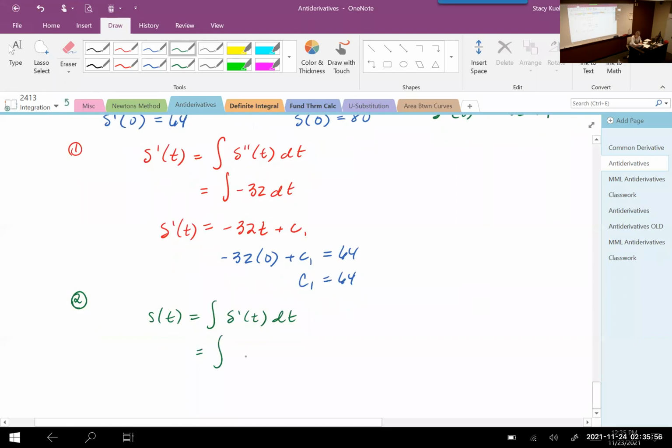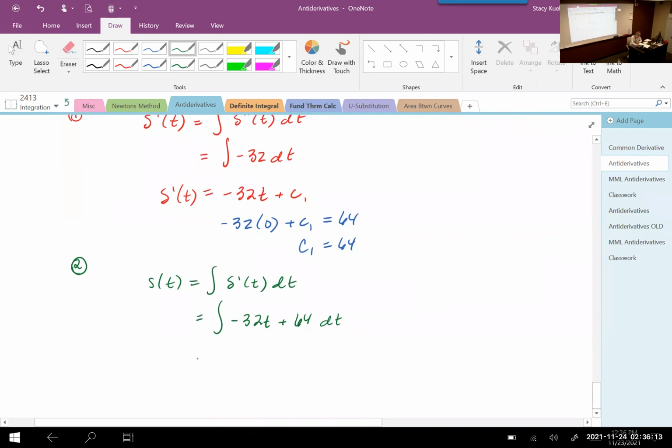So that's the integral then of negative 32t plus 64 dt. What's the integral of negative 32t plus 64? What's the integral of negative 32t? Negative 16t.